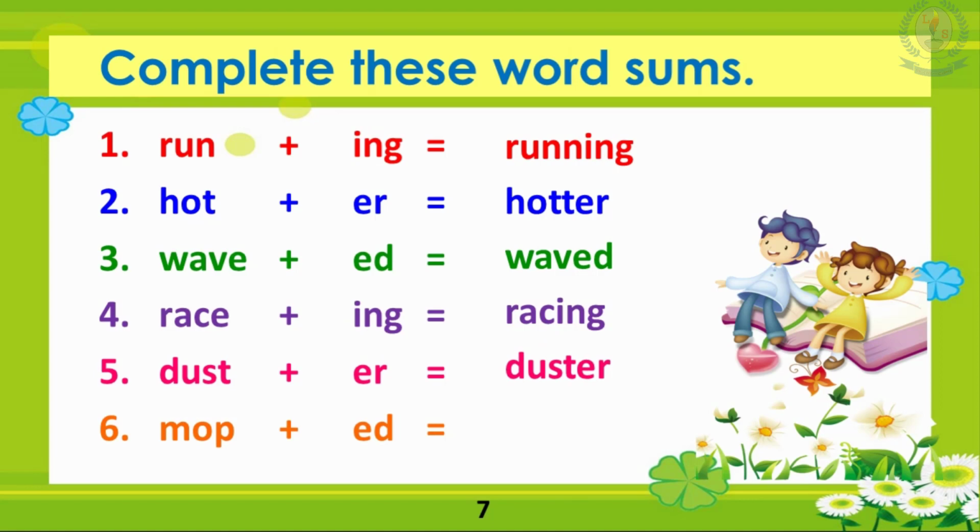Yes, you have to double the last letter because there is a vowel before P. Then add ed, mopped. Let's read the words again. Running, hotter, waved, racing, duster and mopped.